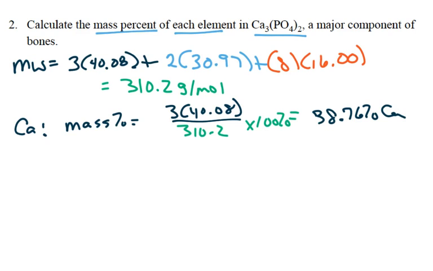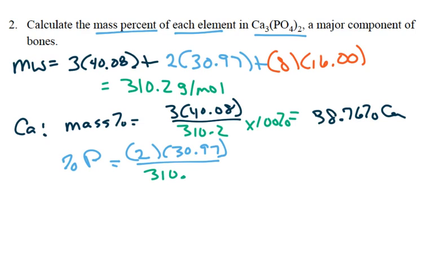For the next one, percent P, phosphorus, equals 2 times 30.97 divided by 310.2 times 100%, which equals 19.97% phosphorus.